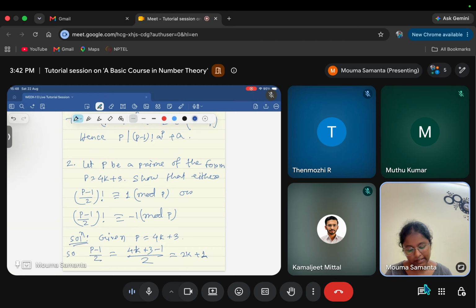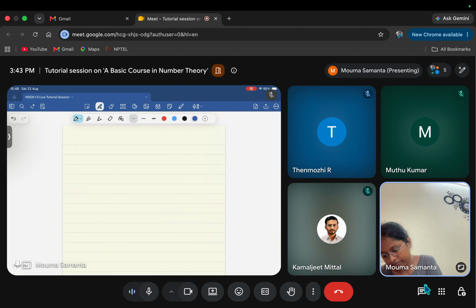So (p minus 1)/2 is an integer, and this is an odd integer. Let m be the integer (p minus 1)/2, then m equals 2k plus 1. So this is an odd integer.